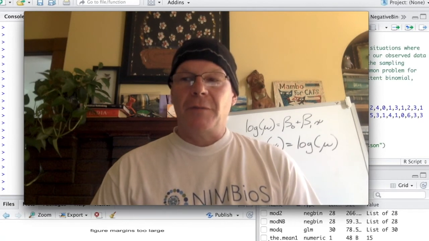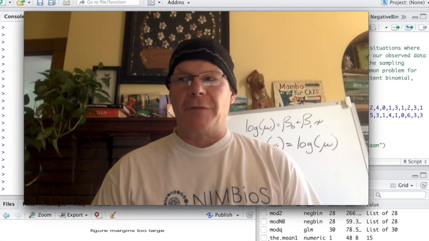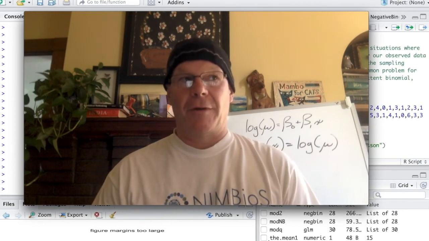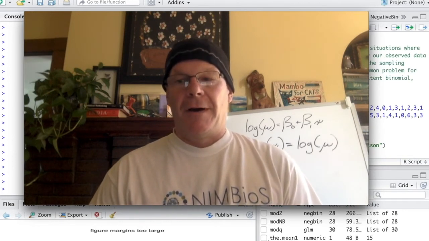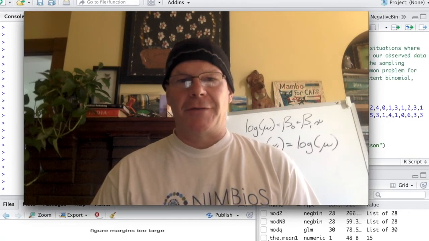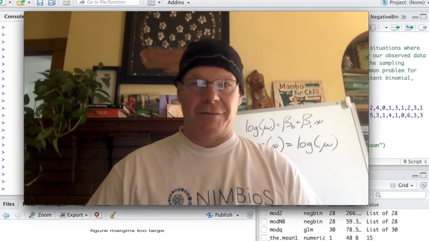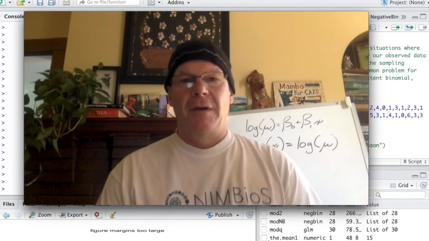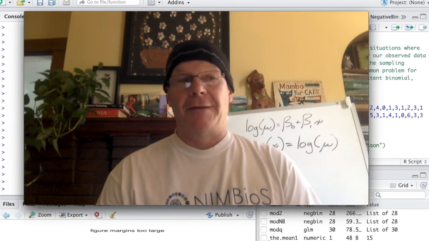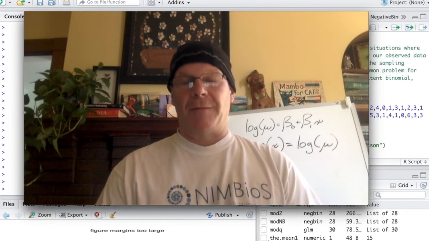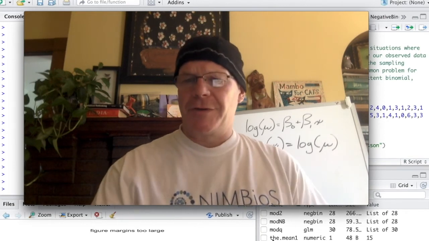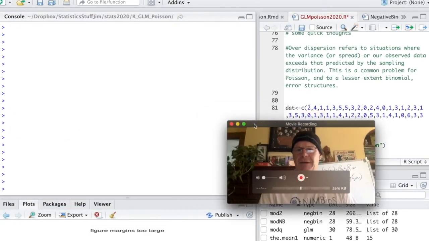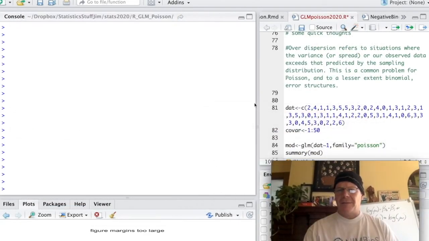And so I just wanted to really briefly talk about an approach that one can take within the GLM framework with the function glm, and then just really quickly introduce another distribution just so that you're aware of it. It's increasingly becoming a common distribution to use for Poisson type count data when you have problems of over-dispersion. And so I'm just going to go through the little bit that we have in the notes that I've posted.